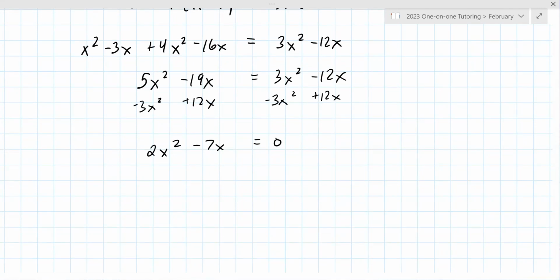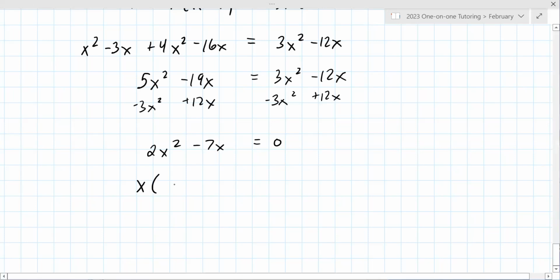So you can take an x out from that. That's right. So it becomes x times 2x minus 7 equals 0. So x equals 0, and 2x minus 7 equals 0. So the one on the right here is 7 halves. Okay.